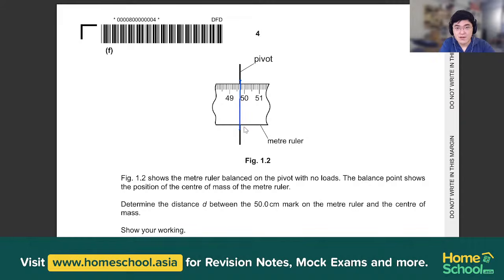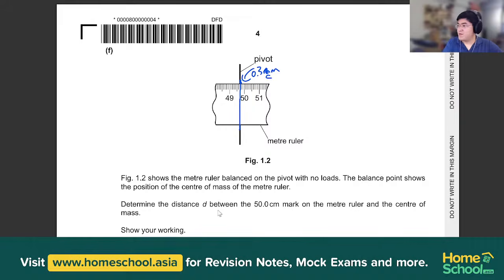Now, as you can see over here, this line is 1, 2, 3 millimeters away from the 50 cm reading. So this is about 3 millimeters, or should I say 0.3 centimeters. So we determine the distance d, which is 0.3.